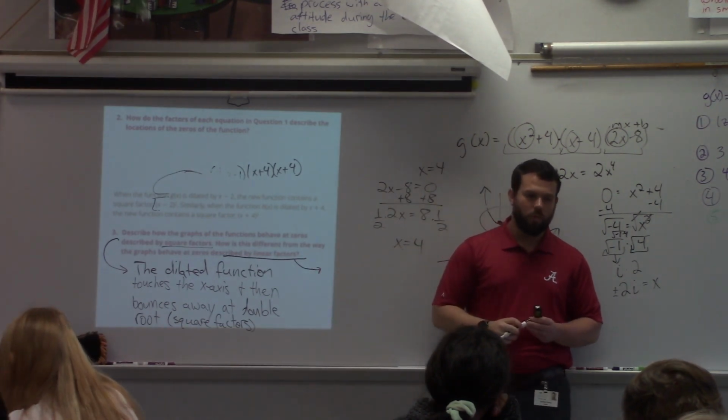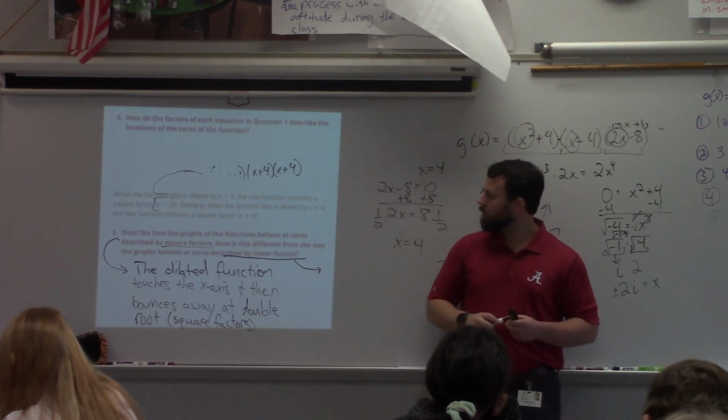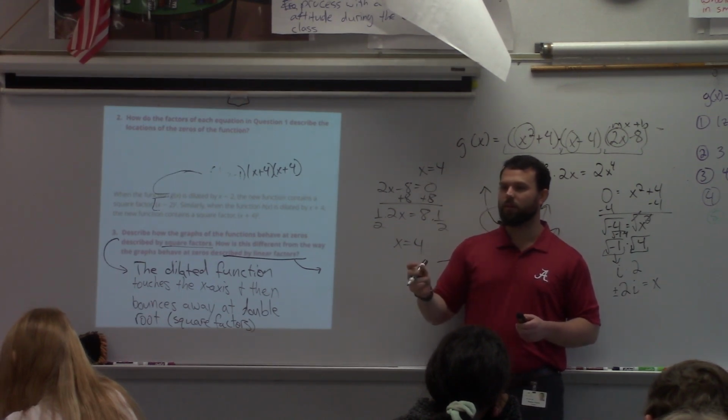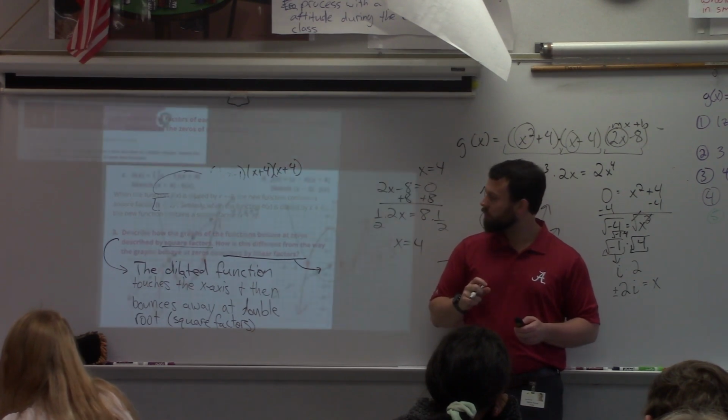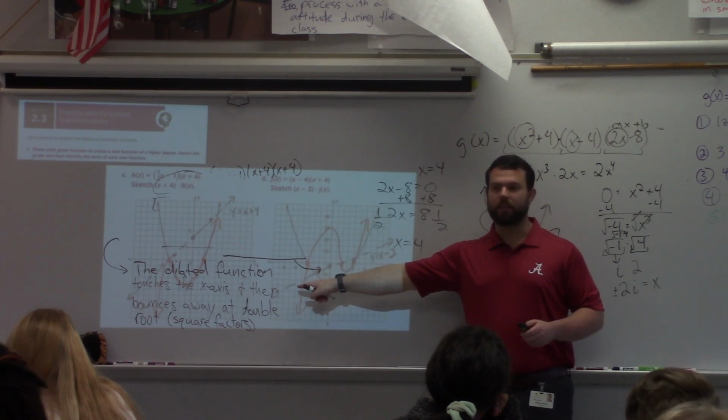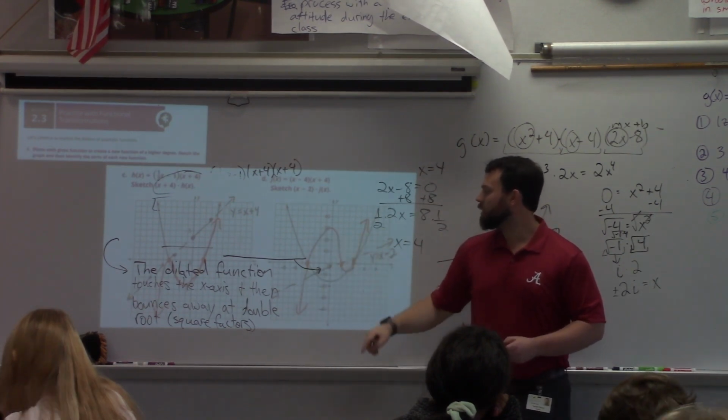But what if we have a linear factor? What happens on the graph when we have a linear factor so that it only has one 0? It has to go through. When it's a linear factor, every time it goes through that 0.